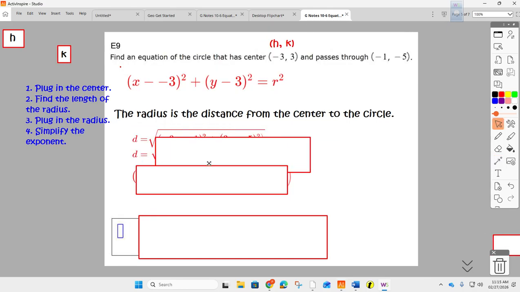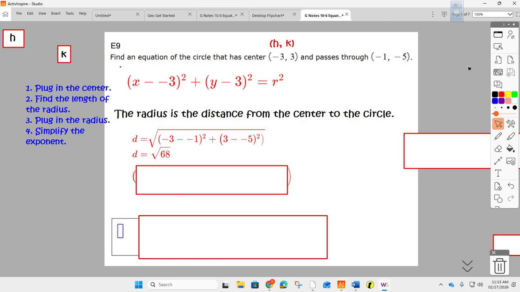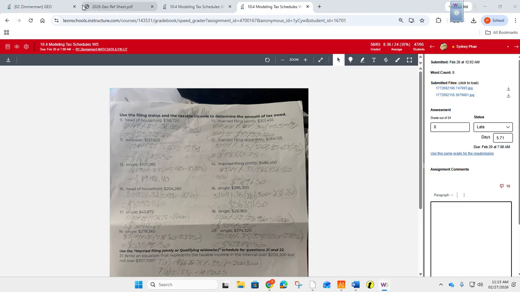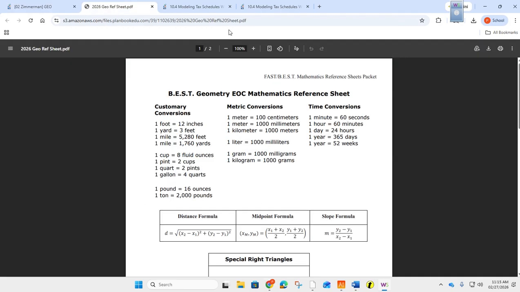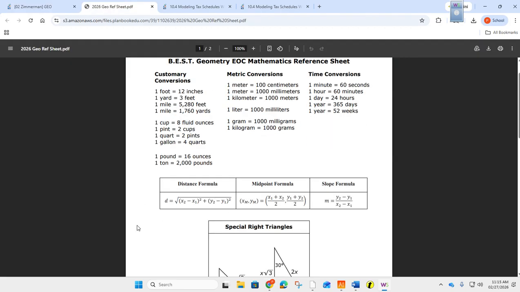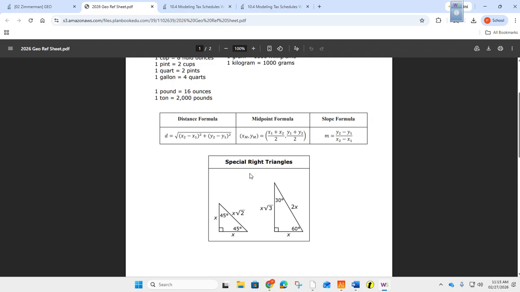So remember, the distance formula is x minus x plus y minus y. And if you forget the distance formula, go here, click on our reference sheet, and you're going to have that on the test, right? So radius is the distance from the center to the circle. So it makes sense to me that we just use the distance formula.